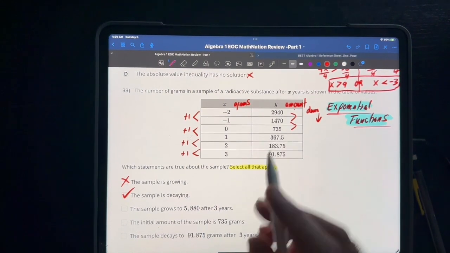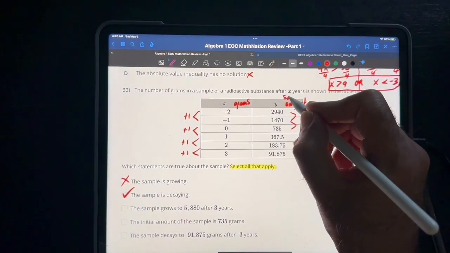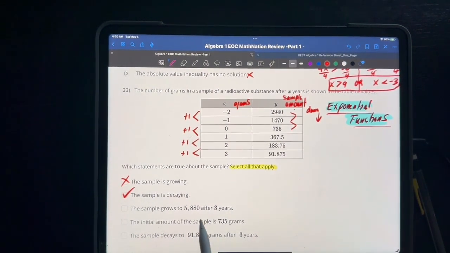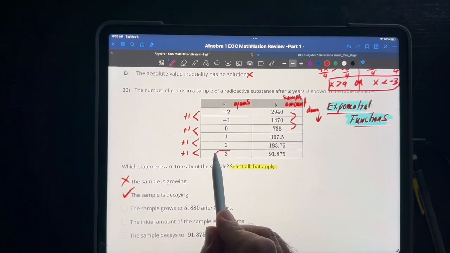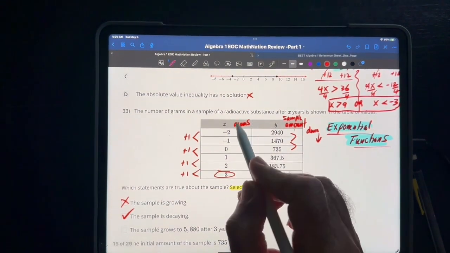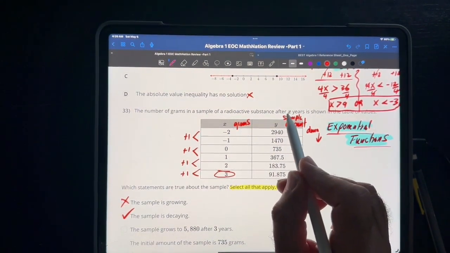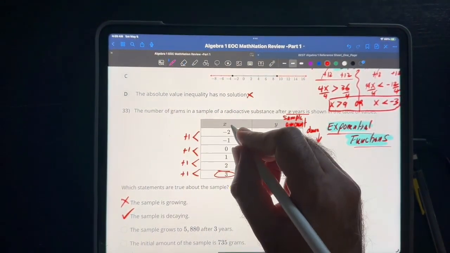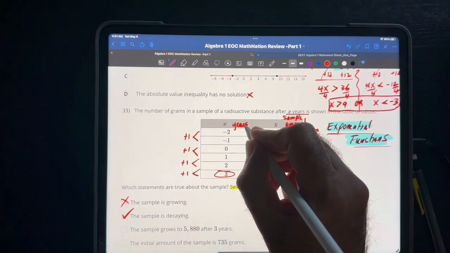The sample grows to 5,880. So Y is the sample amount. After 3 years, is that true? Sorry, my bad. Did I put grams here for X? It says X years. So I totally messed up there. This should be years. X is years. I'm not even reading properly.